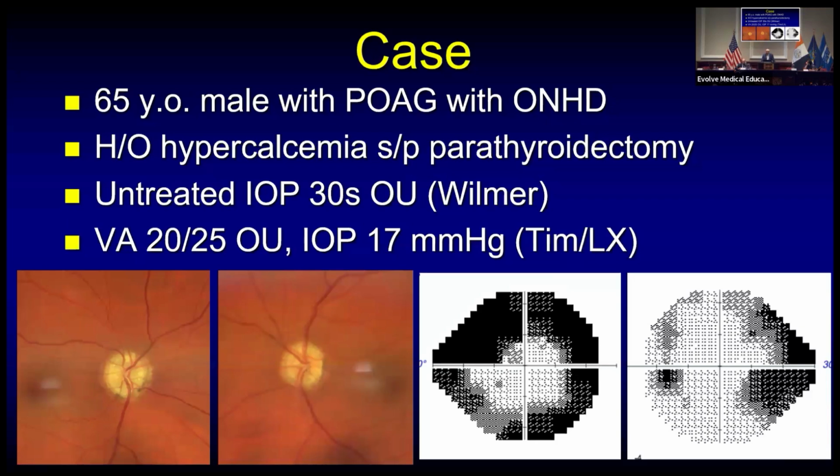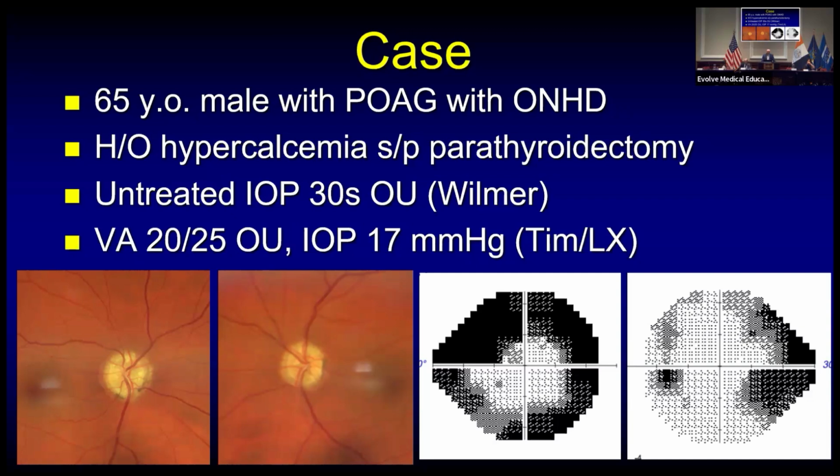Was treated at Wilmer, not by Pradeep, but by others there for his elevated intraocular pressure, and was found also to have optic nerve head drusen with very good central vision, 20/25, and was using timolol and latanoprost, and had an acceptable pressure somewhere around 15 to 17 millimeters of mercury.